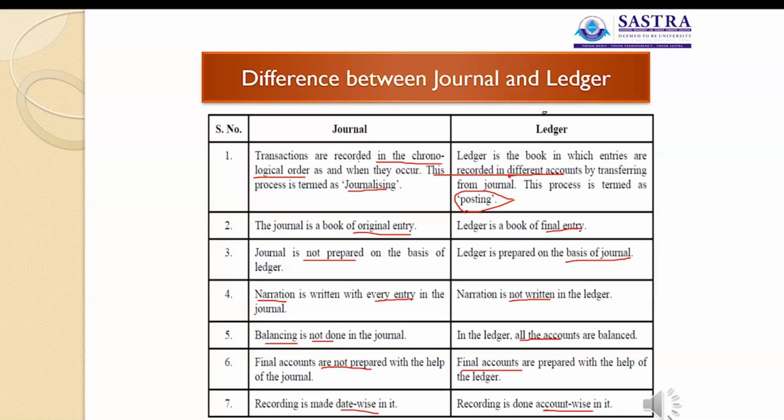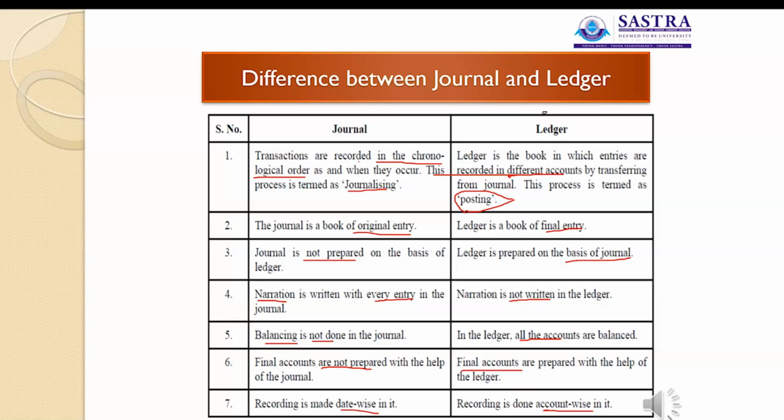Then the next difference is journal is not prepared on the basis of ledger, but ledger is prepared only on the basis of journal. Journal is not prepared on the basis of ledger in the sense that a journal is a prime entry, so the transactions are first recorded in the journal. Ledger is prepared only after the completion of the journal, so it's fully based on journal.